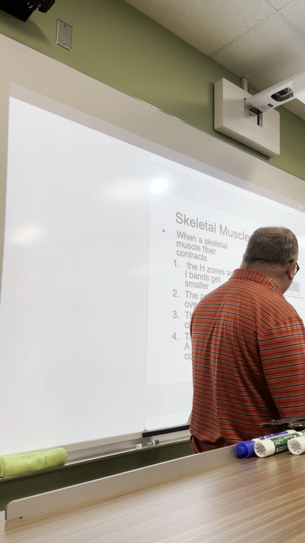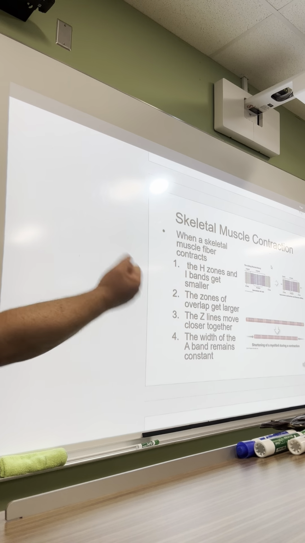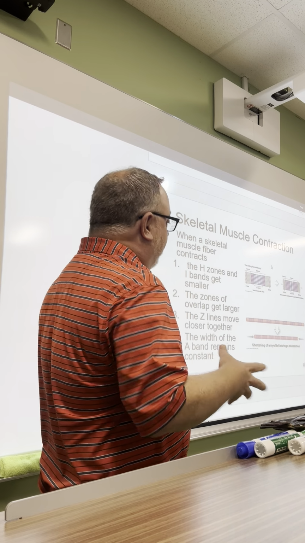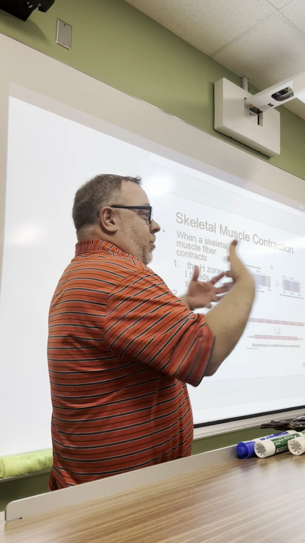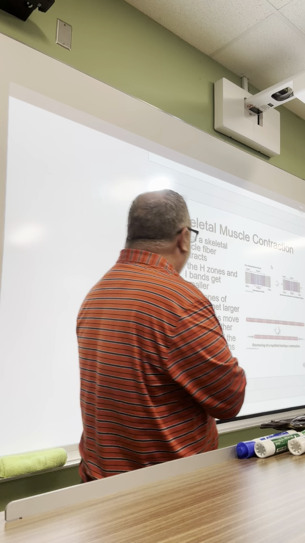So you can see it doesn't shorten as much as you would think. We just got through all the muscles in lab, but if you thought about contracting your bicep, you would think that these are bigger units moving bigger lengths, but we're talking really small areas.